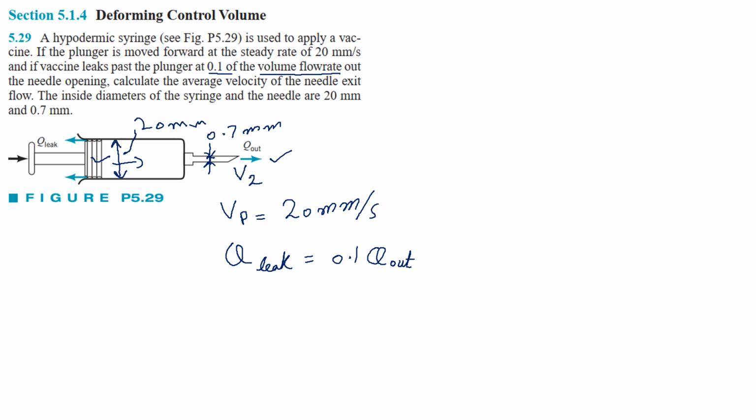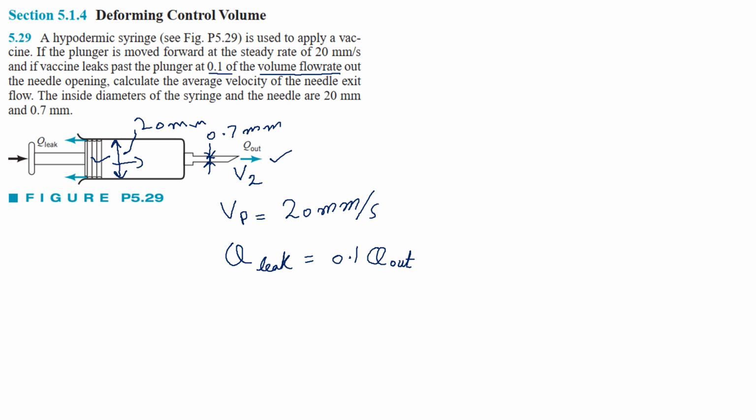I guess we don't have to go from millimeter to meter because everything is given in millimeters. So we will find our final velocity in millimeters, and then we can convert it into meters, or maybe we can do that. So let's see.